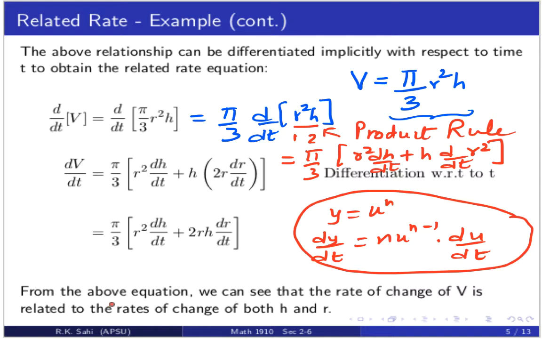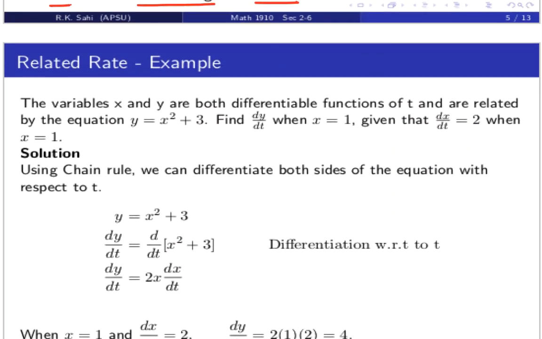What are we noticing here? We notice that the rate of change of the volume, v, is related to the rates of change of both the height and the radius r. That's how we apply the chain rule, and we can see how it is used in real life problems through related rates. Let's look at another example.